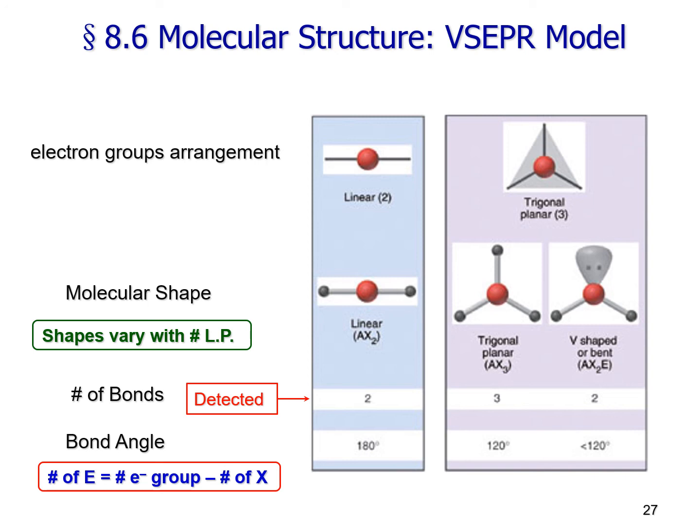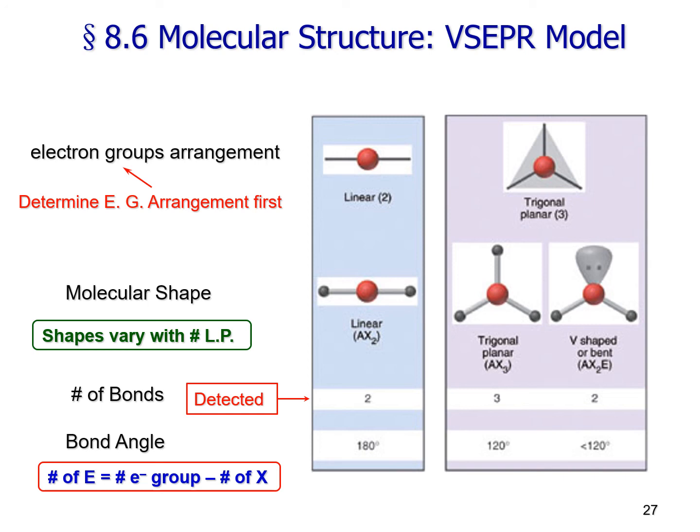Now, let's summarize the various electron group arrangements as well as molecular shapes. Remember, it is the electron group arrangement that has the higher priority, which means we have to determine the electron group arrangement first.